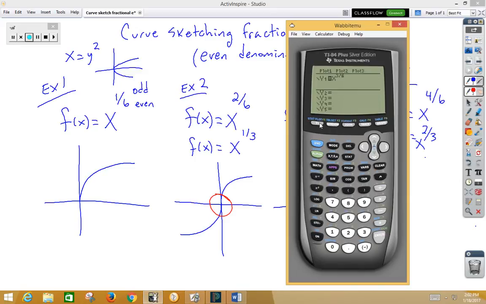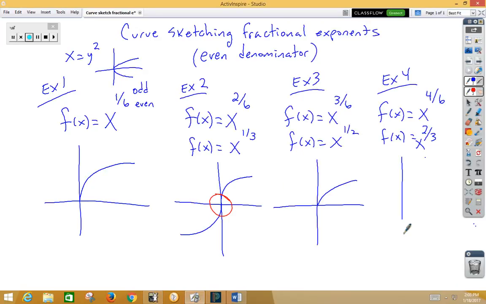So if we go into y equals and change that to 4/6 and hit graph, well, now because it reduces to 2/3, that creates our birdie situation that we talked about in the odd video. So that's going to give us a birdie.